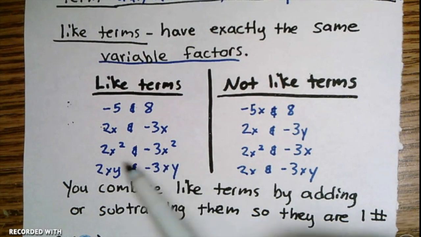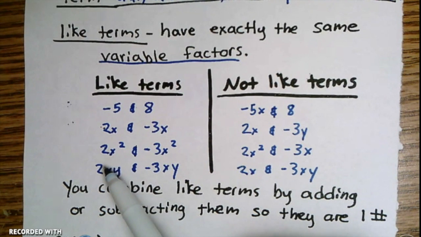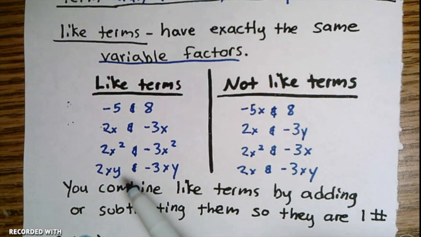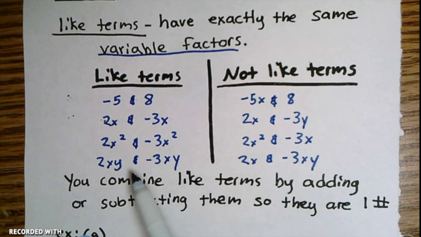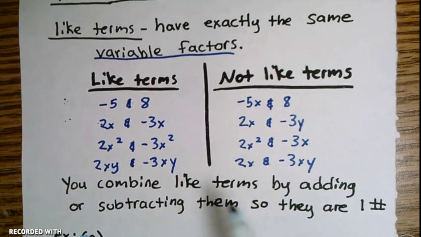You couldn't match a -2x squared and a -2x cubed together because they would have different variable factors. Or 2xy and -3xy, they are like terms because they both have an xy.